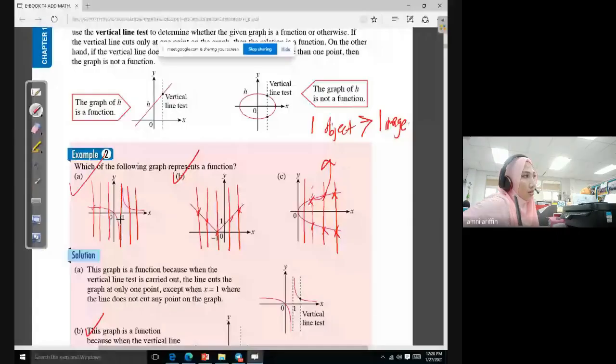So that's why kalau kita gunakan vertical line test, one object. Kalau ini ada 2 images, ini hanya ada satu image sahaja. So this is not a function. Okay, boleh nampak tak? Kita tengok kepada explanation dia.